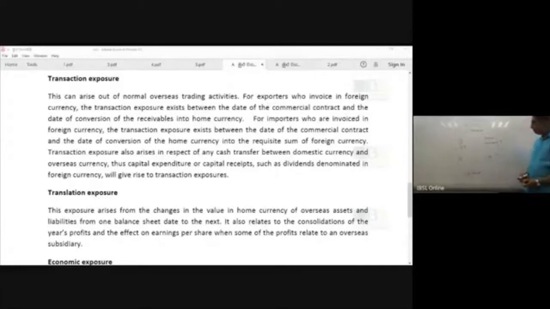Now we'll take a hypothesis. Say USD to LKR is 200, and USD to BDT, Bangladesh takas, is 180.